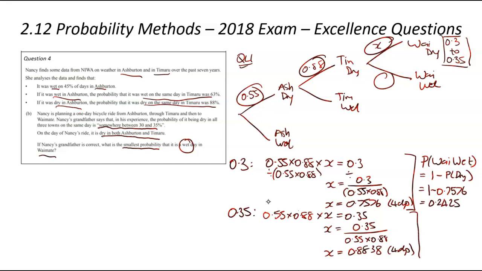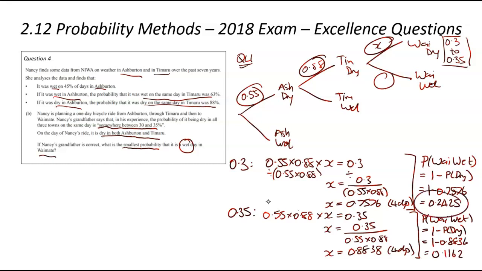We now need to do the same below. So the probability of Y being wet is 1 minus the probability of it being dry. Our probability being dry is slightly different because we use that different estimate, 1 minus 0.8838. And we put that into our calculator, we're going to get 0.1162.